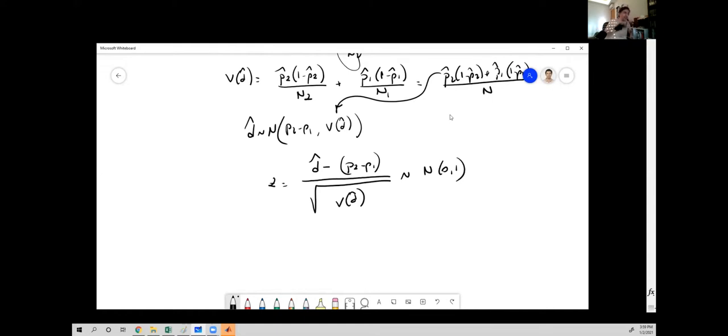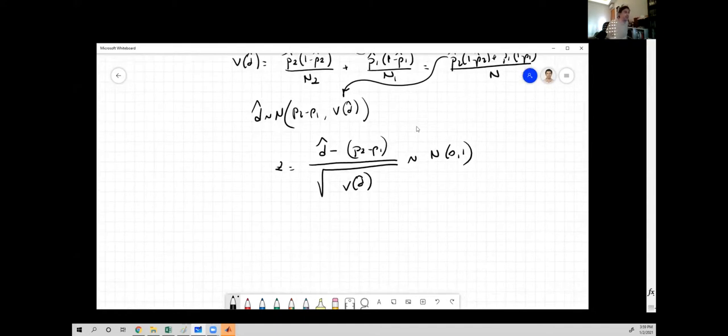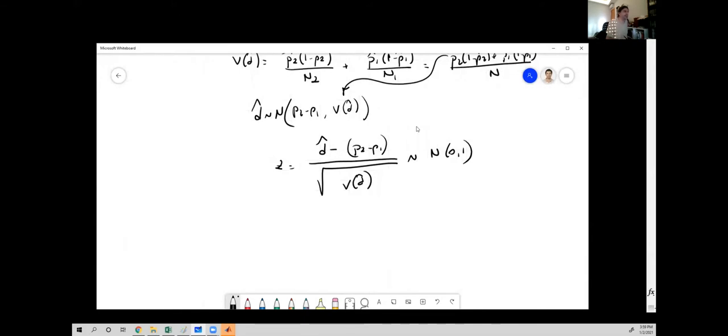So the probability that minus Z alpha over 2 is less than this thing, which is less than Z alpha over 2, is 1 minus alpha, the very same probability.